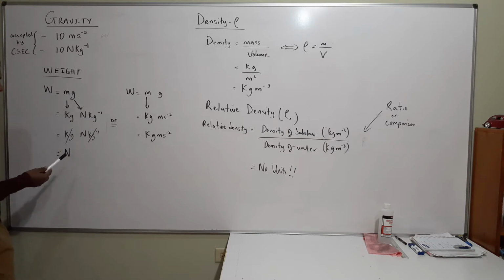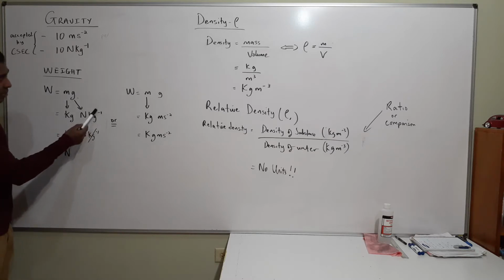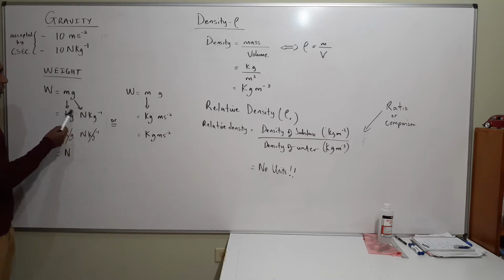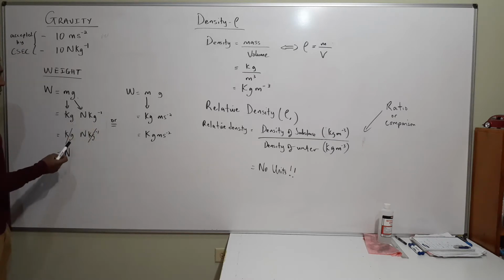This is kilogram to the minus 1, the index is minus 1, and the index here is plus 1, and since they have the same base, kilogram, once we are multiplying, we add the indices, and that's how we end up with Newton by itself. They basically cancel themselves off.